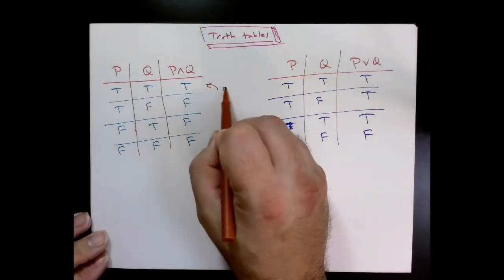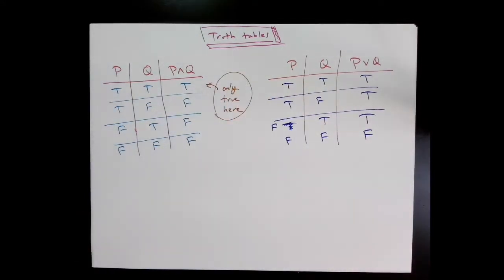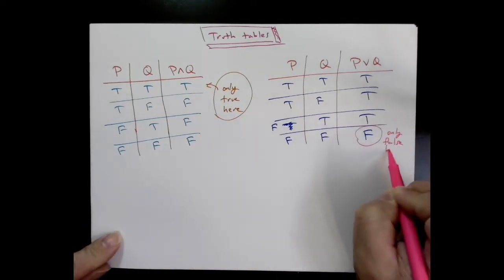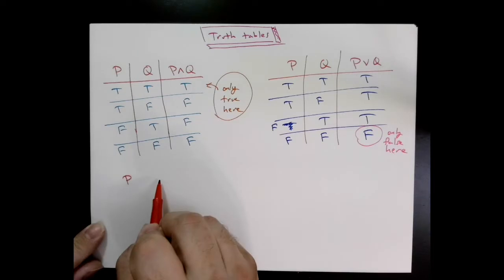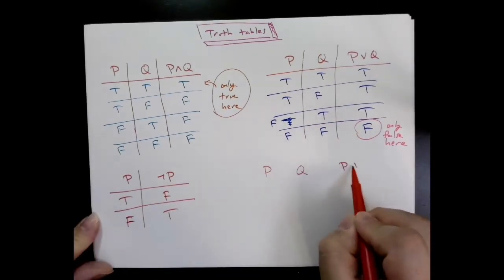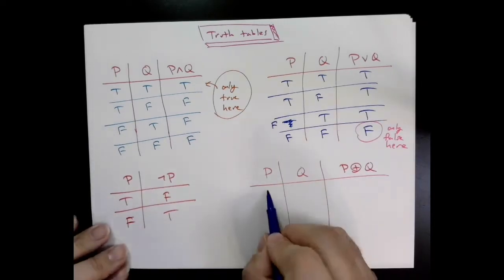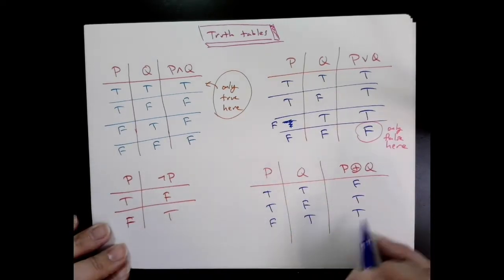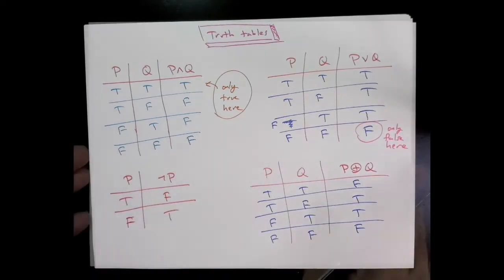We have P or Q, which is true for 3 out of 4 of the choices, but not the 4th. We also have not P, simple enough, it just reverses P. And then we have the exclusive or, P XOR Q, which is sometimes written in this circle plus notation, which again is going to be true only if exactly one of these two propositions is true.